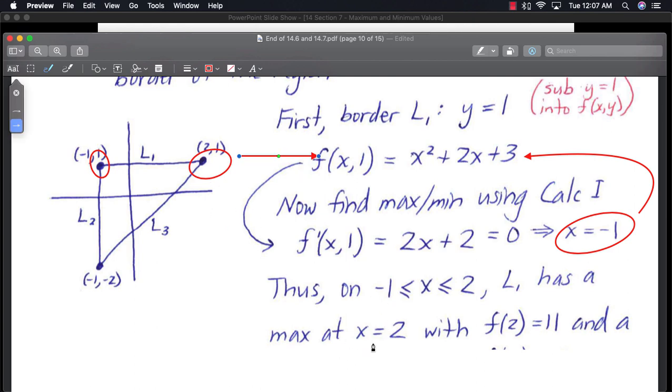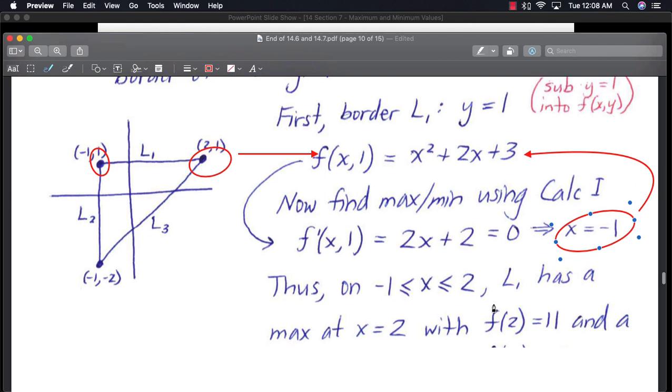So we're going to plug in x equals 2. We're going to plug in x equals -1. And sometimes you'll get points in the middle. You'll see in a moment. Sometimes you get points somewhere along this border. It just so happened that our critical point happens to be one of the endpoints.